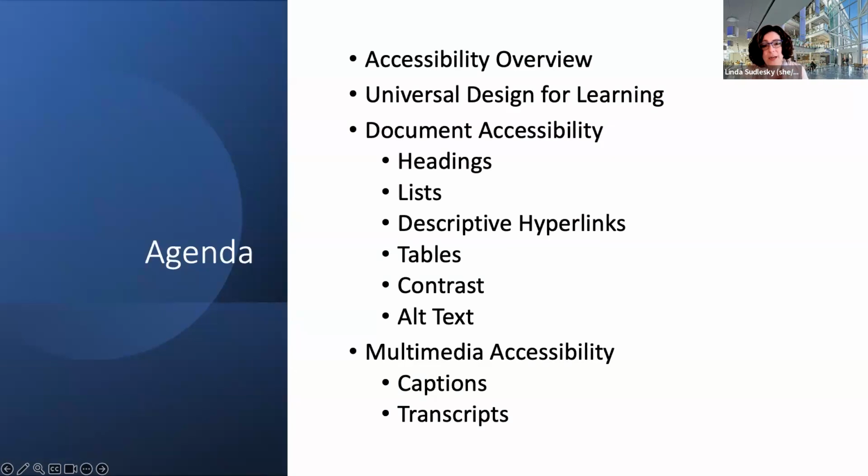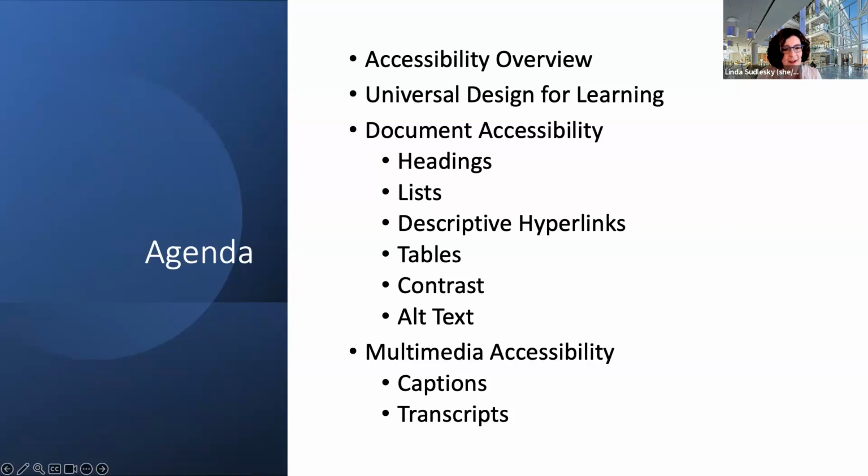So today we're going to have a whole laundry list of things to cover. So we'll get through as many as we can. We're going to cover an overview of accessibility and the 3 principles of universal design for learning. And then we will delve into document accessibility, where we'll cover what it means to use headings, lists, descriptive hyperlinks, how to use tables properly, and alt text.